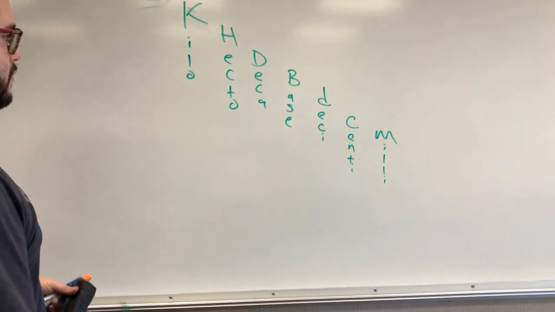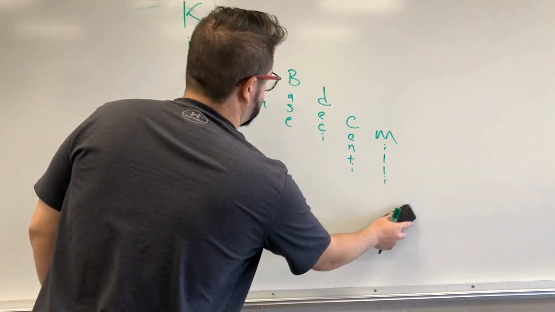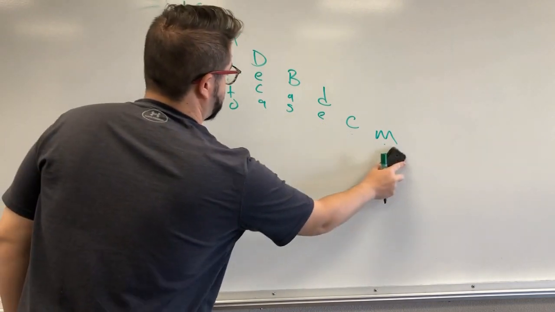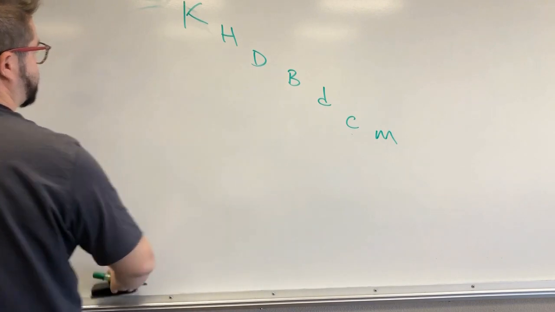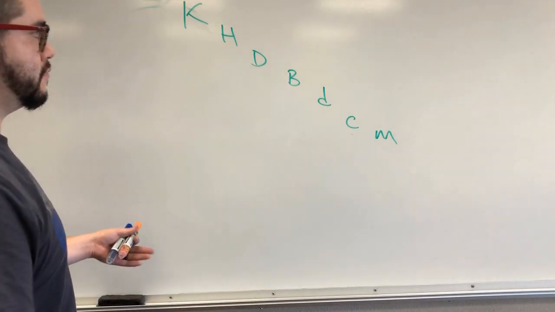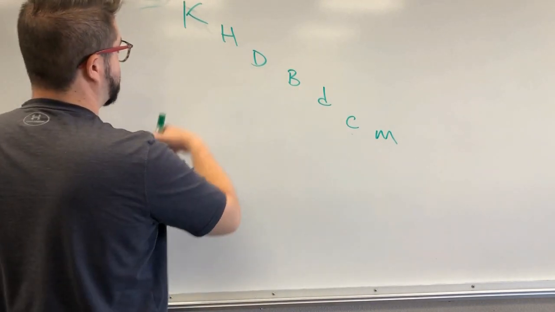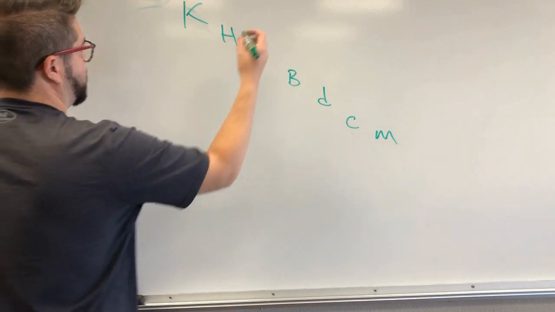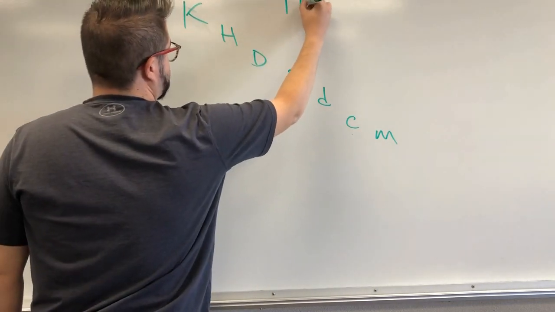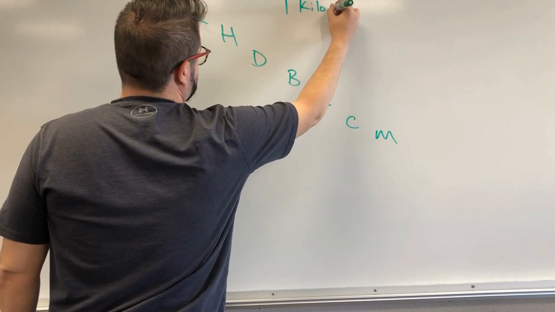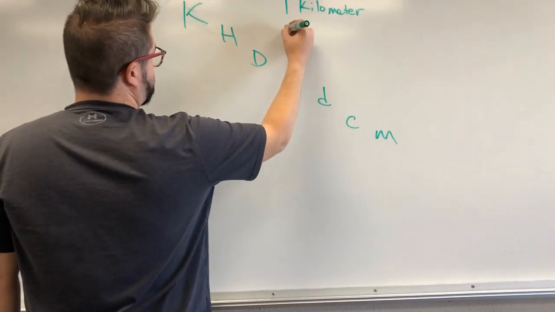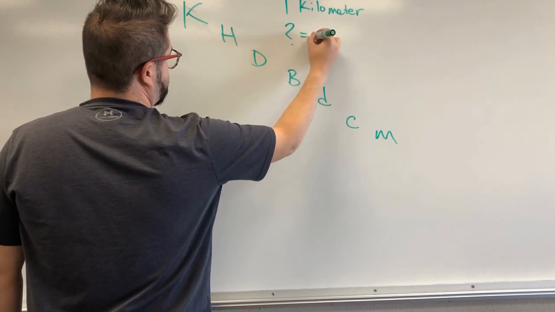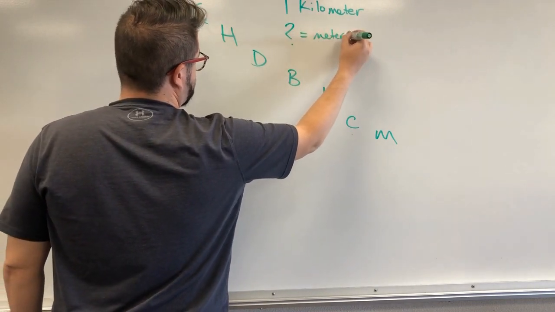So we can have a kilogram, a centiliter, a milligram, and so on. Right. So those are what goes in front of our unit. And so if we want to convert between the different prefixes, it's pretty easy. So here's an example. Let's say I want to convert 1 kilometer and figure out how many meters it is.